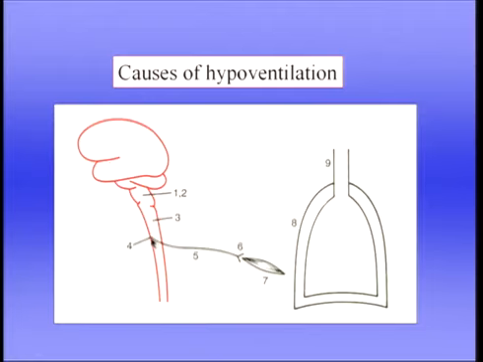Then, since the nerves come from the spinal cord through the anterior horn cell, that's where the connection is made, we could have some sort of disease there, such as poliomyelitis, that affects the anterior horn cells. Or we could have a disease of the nerves themselves, some kind of neuritis, all sorts of neuritis.